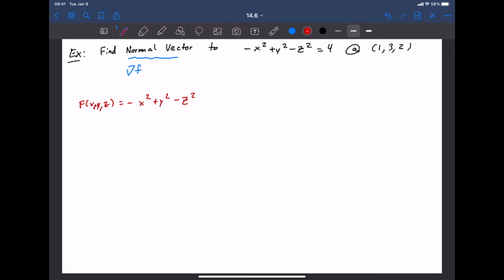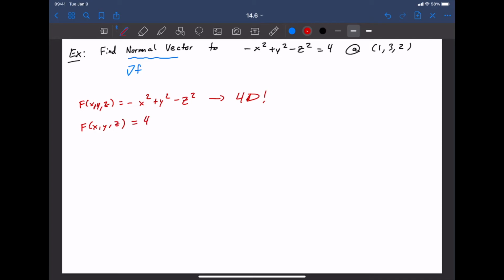Now, this capital F function is a 4D function. And again, I don't know what it looks like, but I know its level surfaces look like cones.